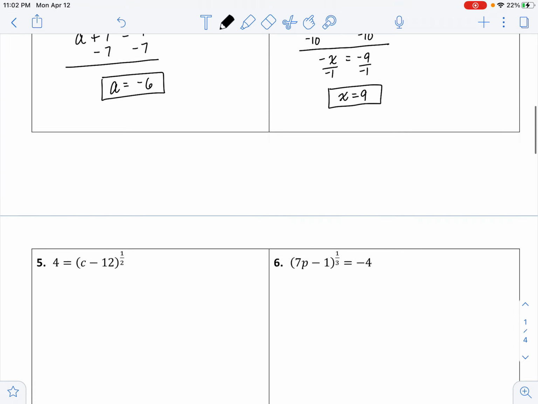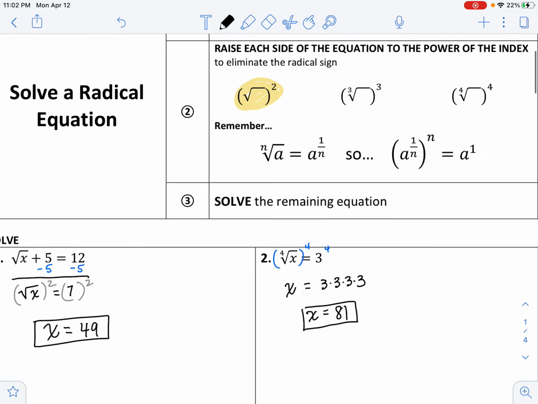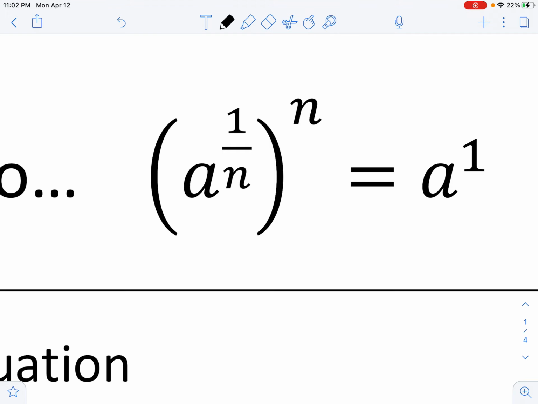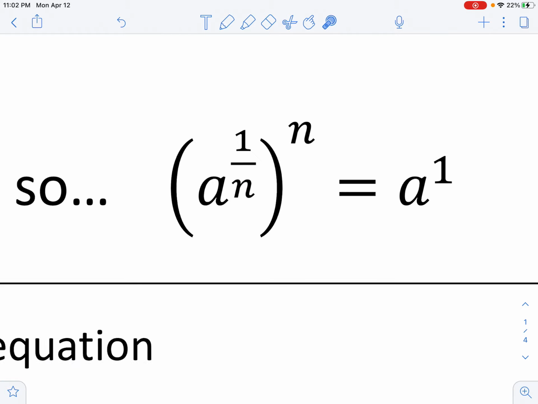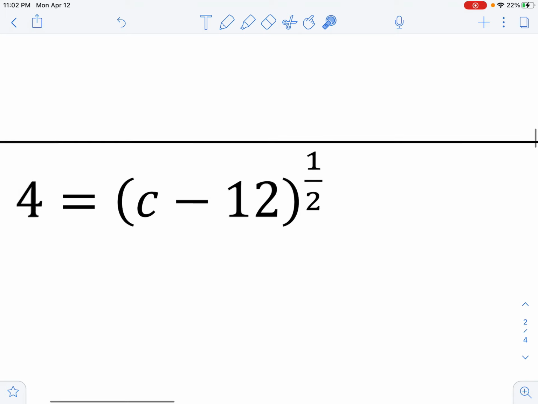All right. Now we have a couple problems that are in exponent form. So you could either rewrite them in radical form, or you can just do like we have up here, that whatever the denominator is, you're going to raise each side of your equation to that same number. So for this one, it's 1/2 power.